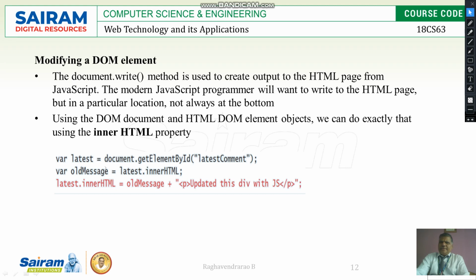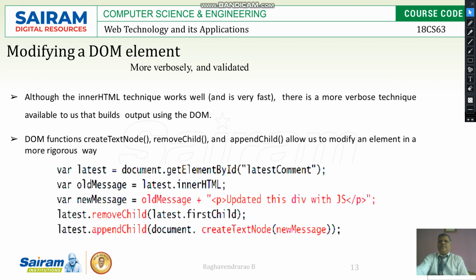Here the variable latest is document.getElementById("latestcomment"), so that particular div is taken, and oldmessage equals latest.innerHTML, meaning the content of the div is stored in oldmessage. Then latest.innerHTML equals oldmessage, the previous one, plus the updated div, so this paragraph is attached to it and displayed. So the message is changed now; you have modified that particular thing.